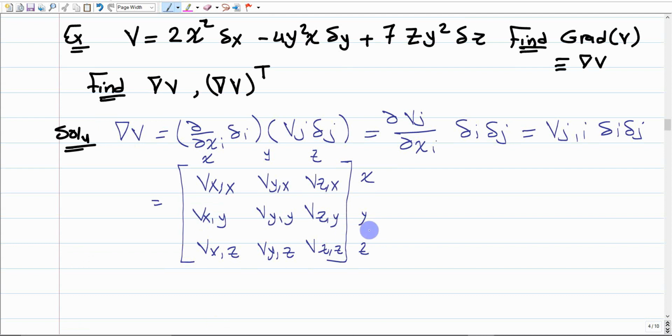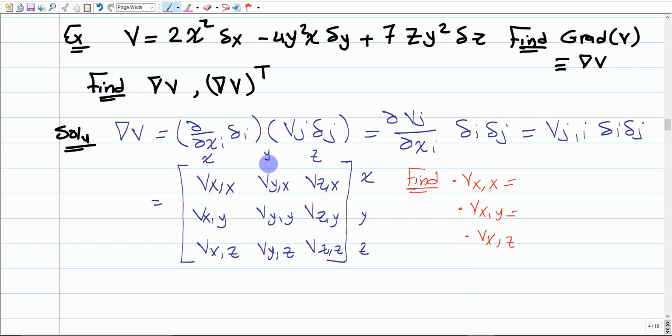Then our objective is just to do the calculations for the different gradients, to find these terms. The first term, for example, is vx comma x, how much it is, and then vx comma y, then vx comma z. Then we repeat for vy comma x, vy comma y, vy comma z, and the same thing for the z components.